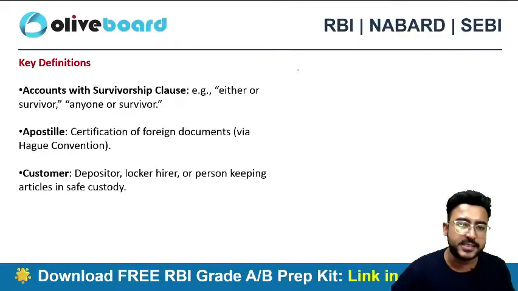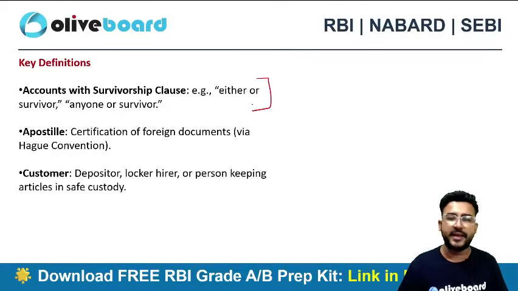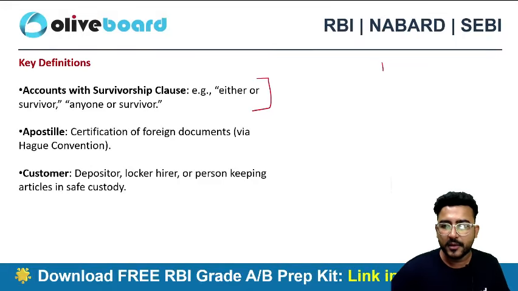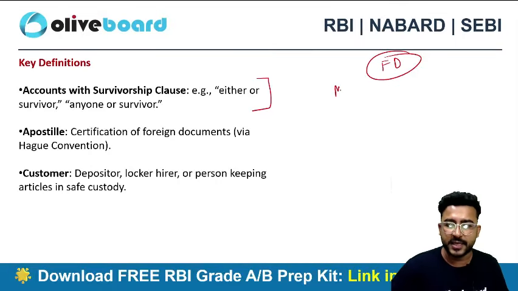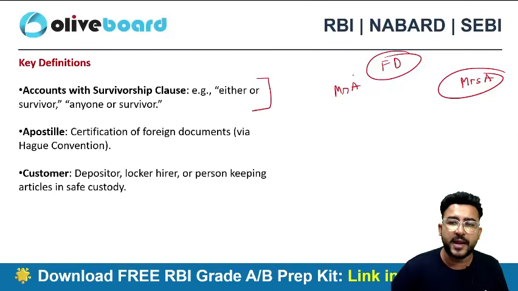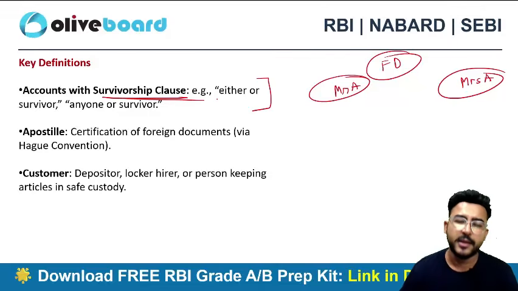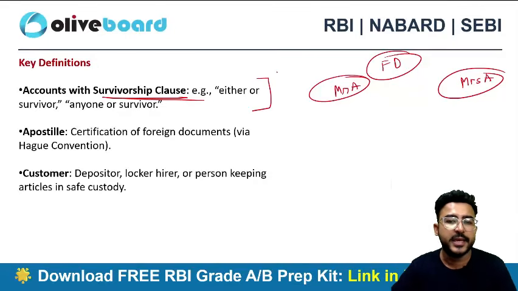Acha, if you have an idea of basic banking services, whenever I have a deposit, let's suppose there is a fixed deposit of Mr. A, Mrs. A can also be part of that fixed deposit if they have a survivorship clause. Now, what do you mean by survivorship clause? Either or survivor, right?